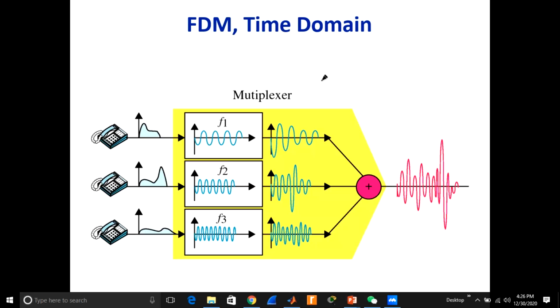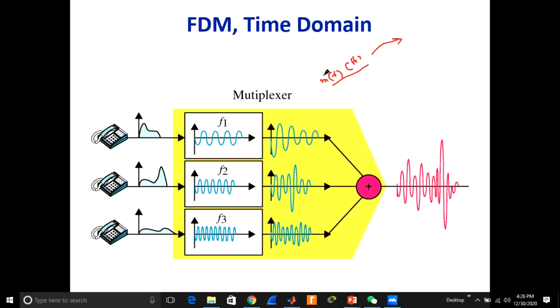In modulation, there is a signal m(t). What is m(t)? m(t) is the data signal, and it is multiplied by the carrier signal c(t). From the multiplication of these, we get another signal called the modulated signal.